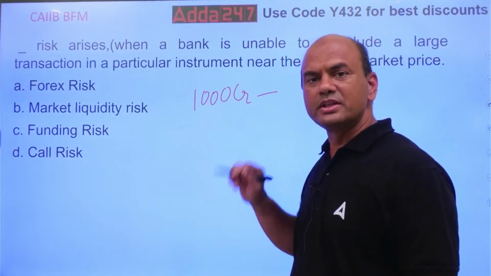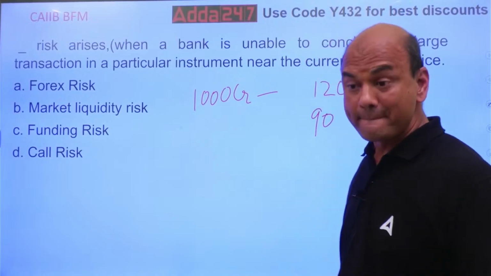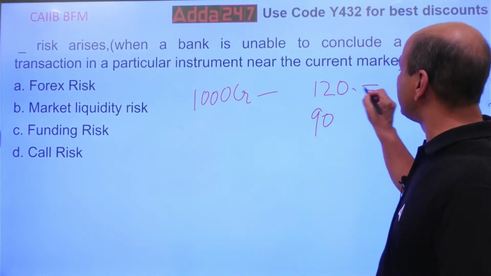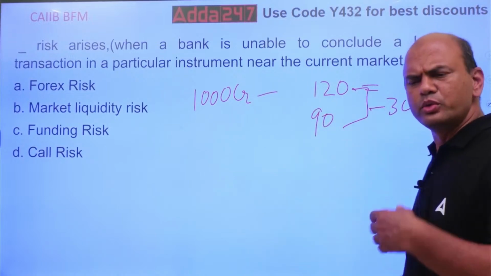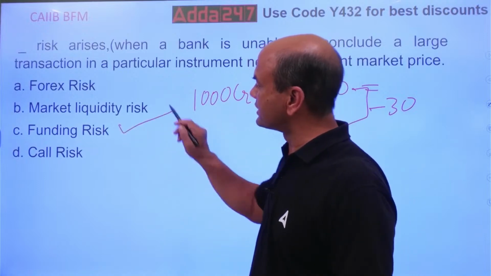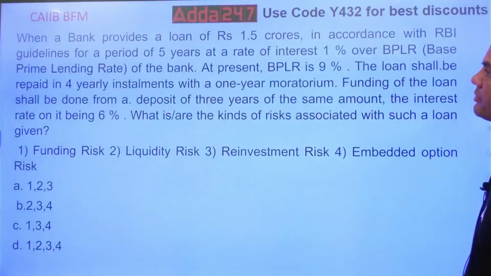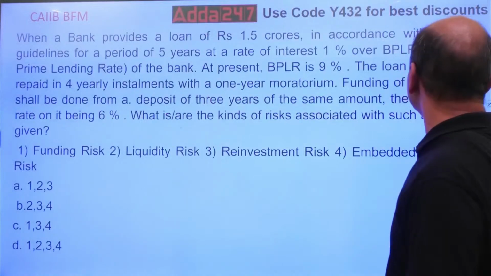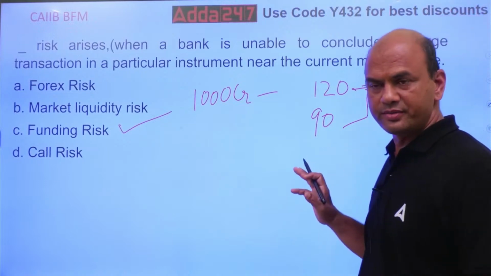I'm not able to sell it at 120. I'm able to sell this at 90. That is a 30 difference, 30 into this 1000 crore. Huge deficit, isn't it? So this is known as funding risk. Got it? Is this concept clear to everyone? Move ahead.